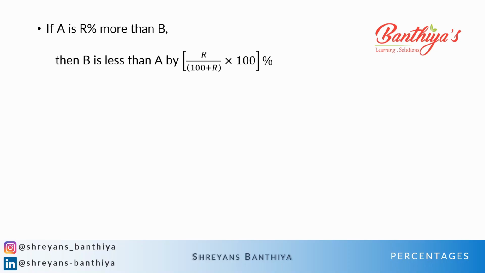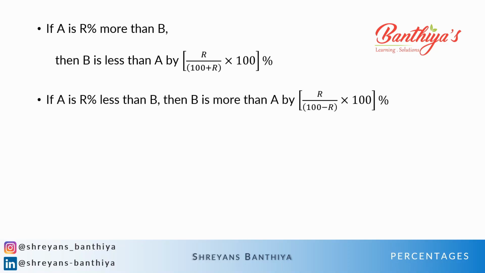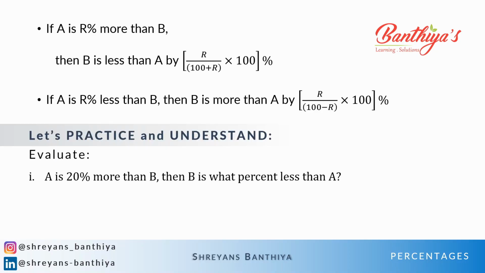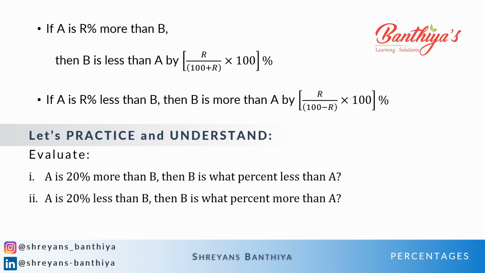But let us understand what is really happening in this formula, and then you will not need to memorize it. The second formula, similar, is if A is R% less than B, then B is more than A by this formula. Let's practice and understand. Now solve these two questions and pause this video right now.